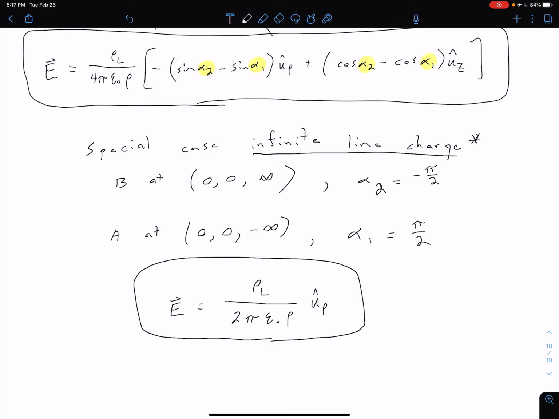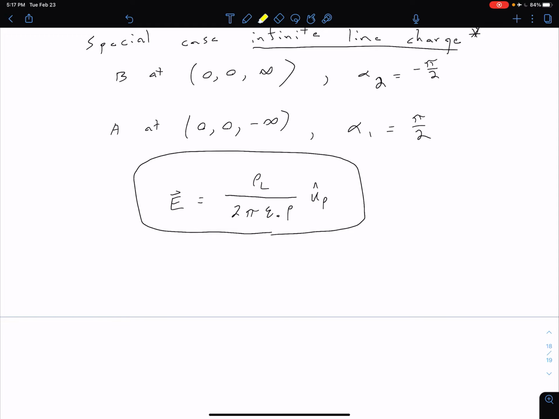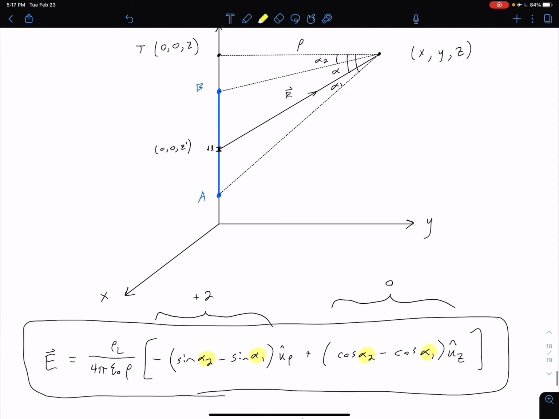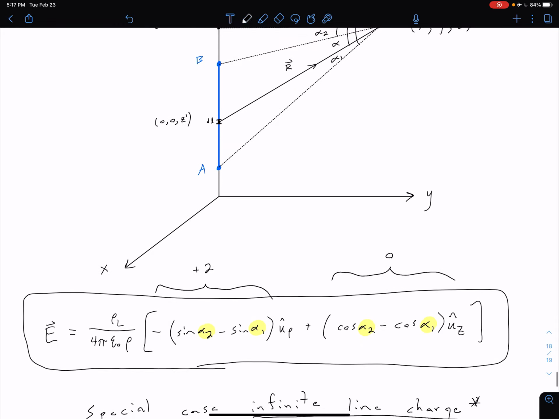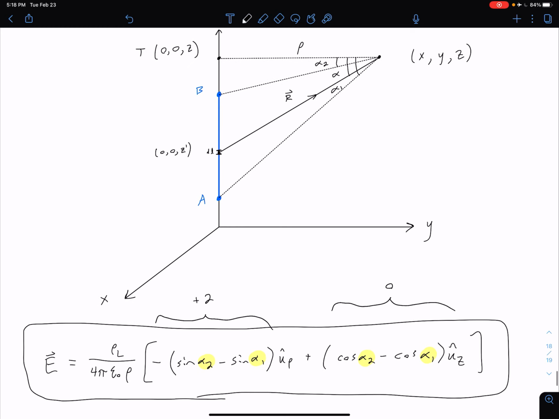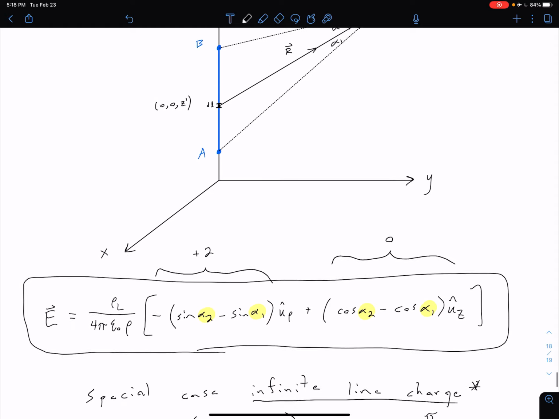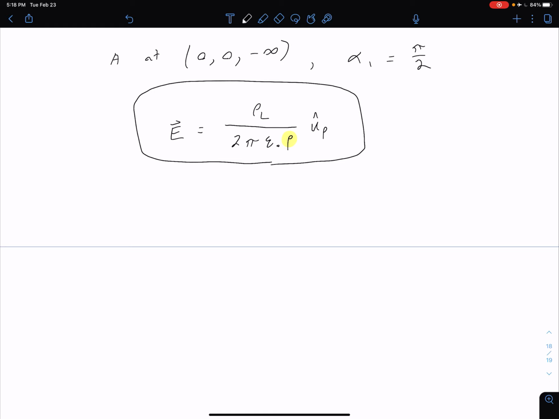So a couple things to note about this. Again, we want to make sure that we're not getting this confused with the distance. This rho L in the numerator is that uniform charge density of our line charge. We do have a distance rho, and in this case it happened to be defined the same way as we defined rho in our cylindrical coordinates. However, as I alluded to in a previous video, that's not always going to be the case. For instance, if we had our finite line charge along our y-axis, our rho would not coincide with our rho definition that we had previously.